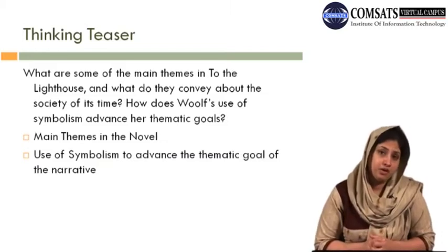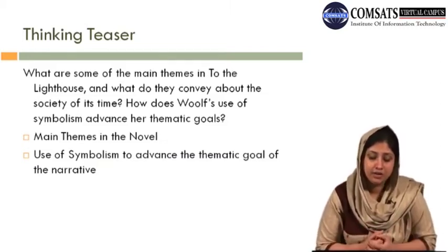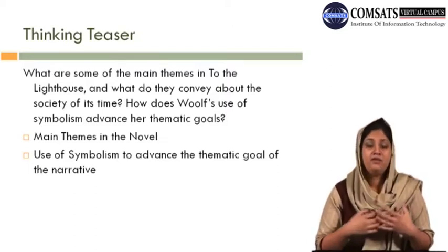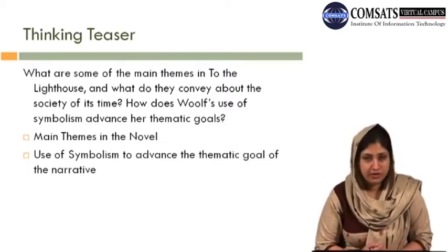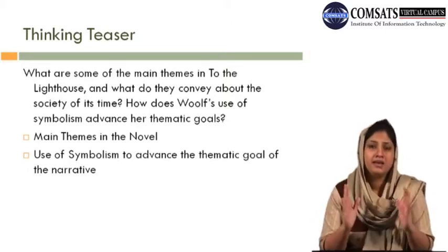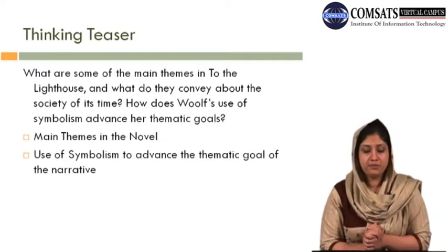And then the use of symbolism, the symbolic, the allegoric use of devices by Virginia Woolf to advance her thematic goal of the narrative. So these are going to be two categories of the questions that we are going to answer.